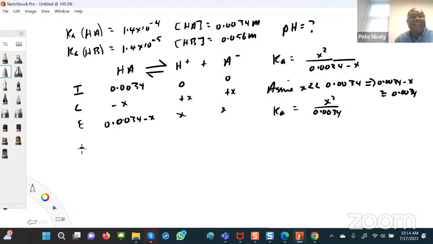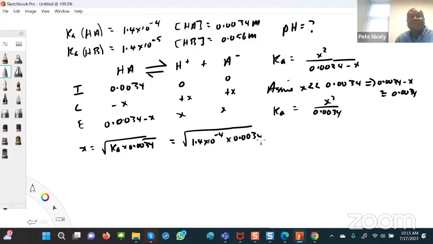So we can say that X will be equal to the square root of Ka times 0.0034, which would be equal to the square root of 1.4 times 10 to the minus 4 times 0.0034. So let's see what that works out to give. That gives 1.4 times 10 to the minus 4 times 0.0034, and then square root.